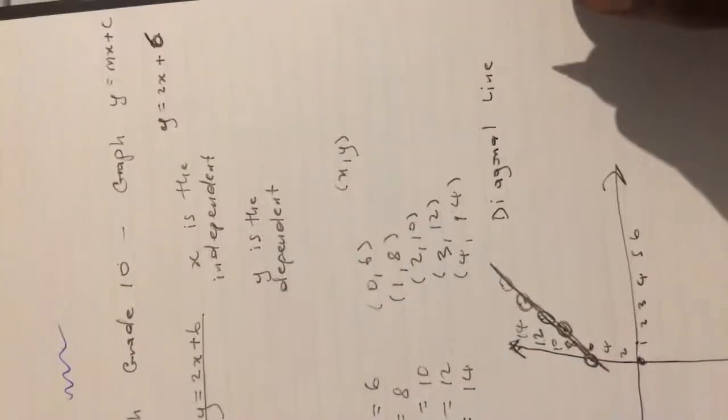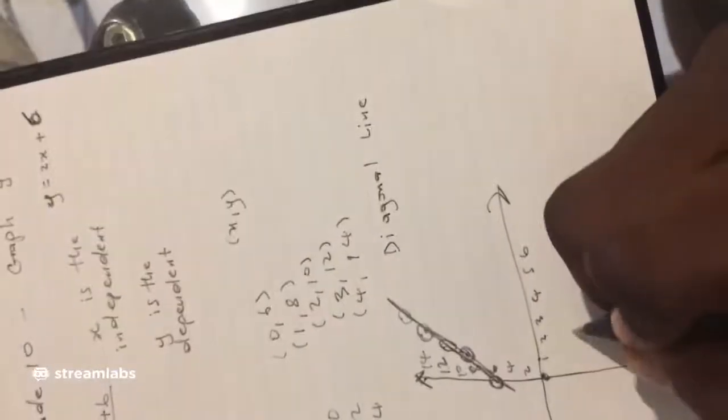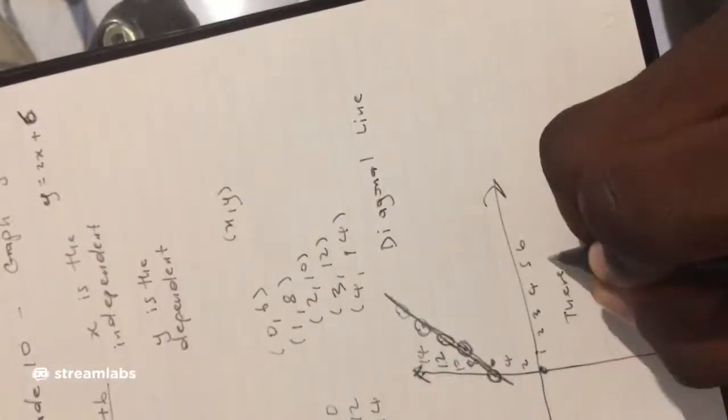So a diagonal line was formed. So what you can say is the shape.